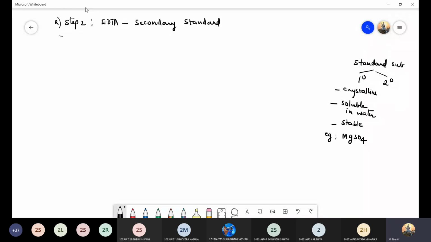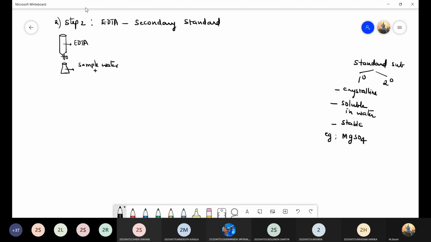Here in the burette, you fill the EDTA solution. And what has to be taken in the conical flask? Your sample water. Then what else?